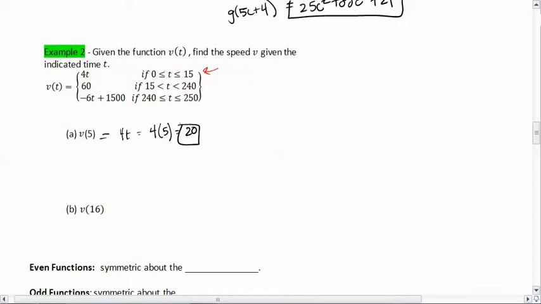If we look at v of 16, we are talking about the second option. And this value is just equal to 60. It's not dependent on that t value, so we don't have to plug anything in. The only way it's dependent on that t value is to tell us that it's 60. It's within that range of between 15 and 240. If our value was 15, we would again plug it into 4t.